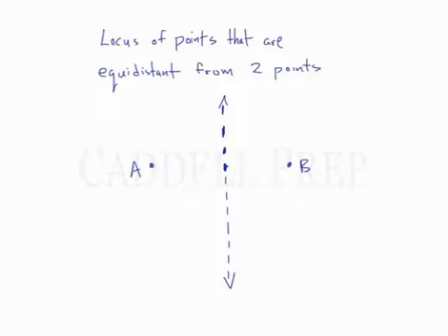An interesting fact would be if we had a line segment AB drawn, well, this locus would actually bisect it. So if we gave this a letter and called it C, AC would be congruent to CB.